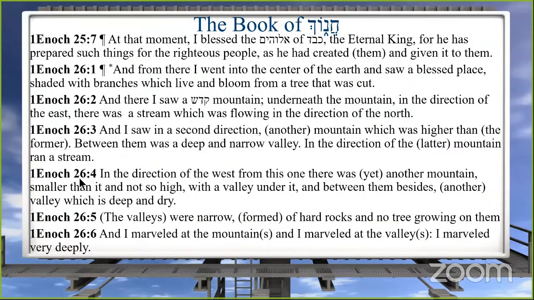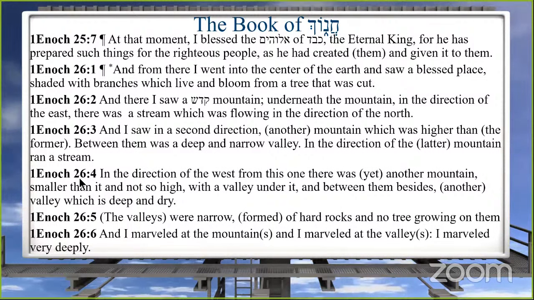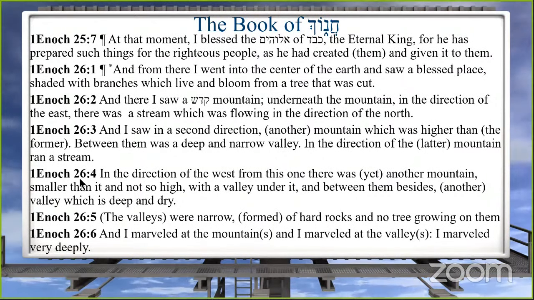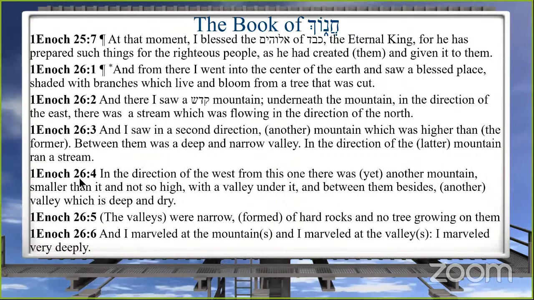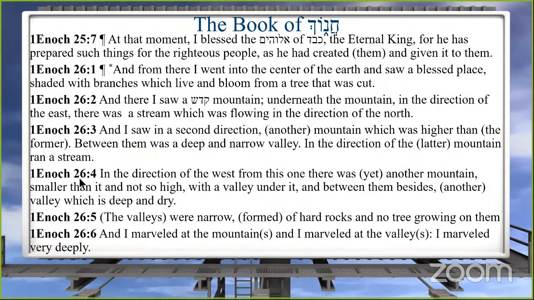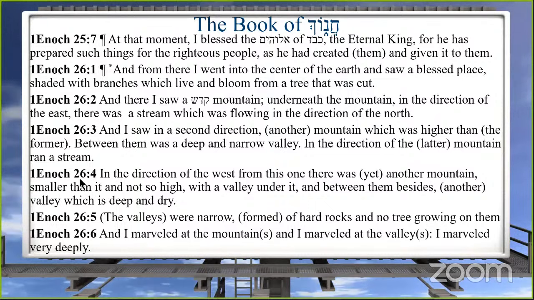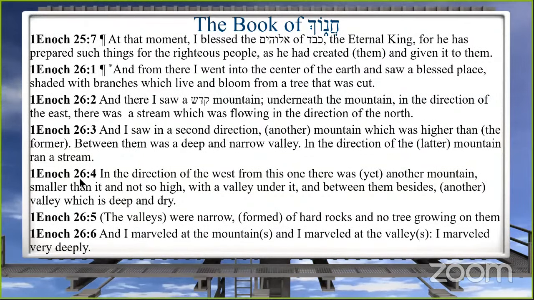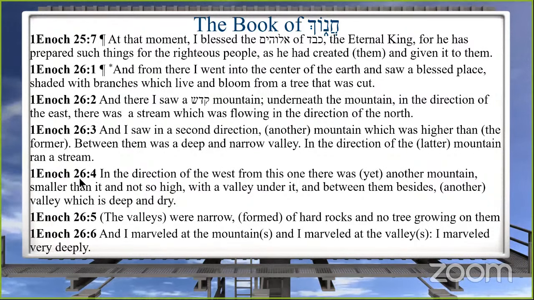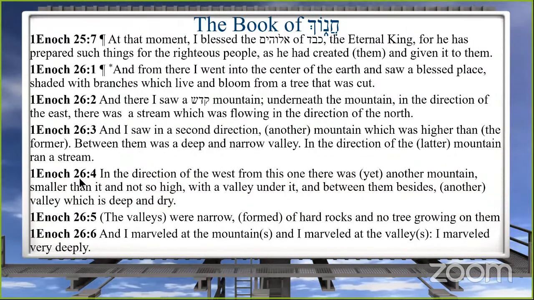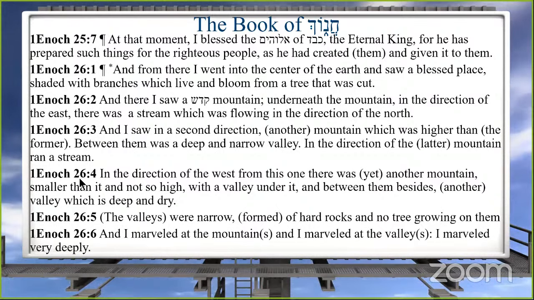In the direction of the latter mountain ran a stream. And in the direction of the west, from this one, there was yet another mountain, and smaller than it and not so high, with a valley under it, and between them besides another valley, which is deep and dry. The valley were narrow, formed of hard rock, and no tree grew on them.